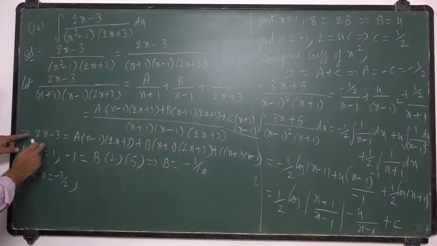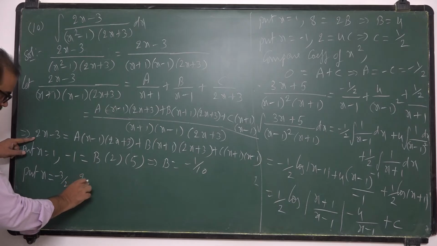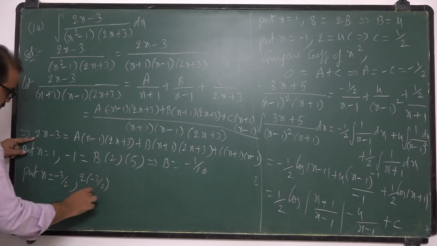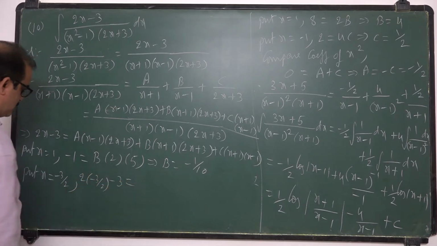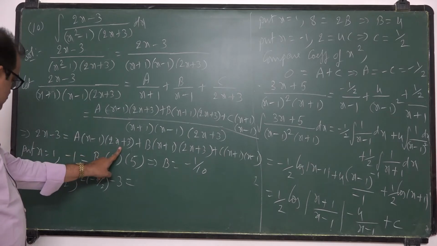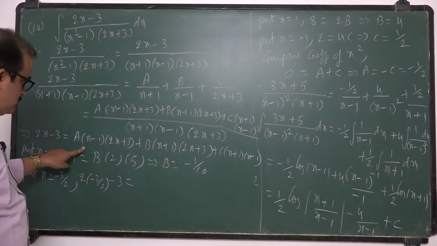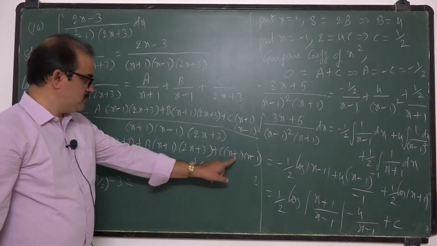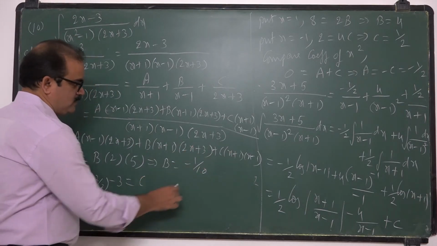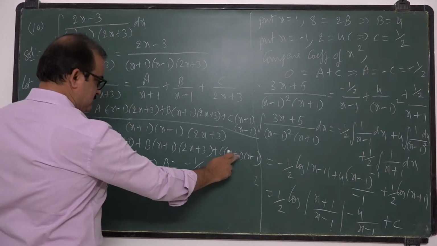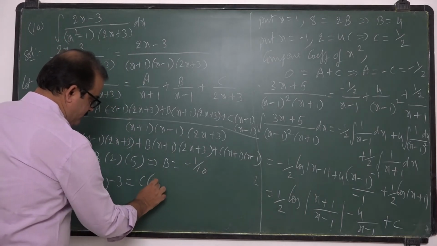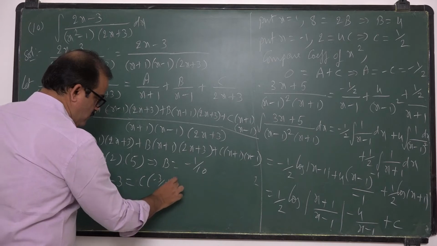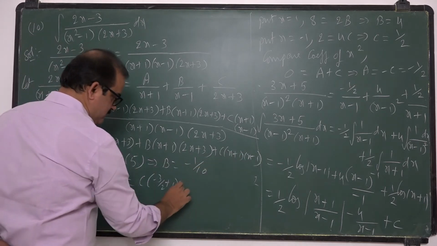In LHS, 2 into minus 3 by 2 minus 3 is equal to this term 0, 0 into anything is 0, this term is also 0, plus C into minus 3 by 2 plus 1, into minus 3 by 2 minus 1.